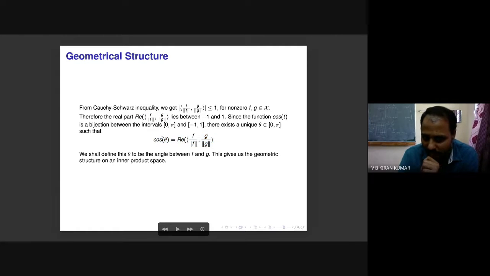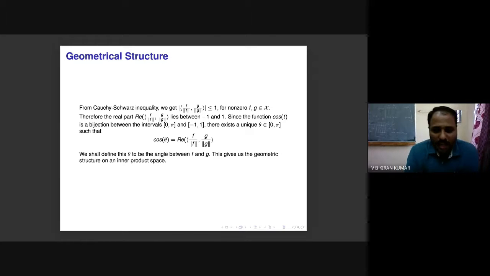In other words, theta equals the cosine inverse of whatever you have. So using the inner product, you can introduce the angle theta between any non-zero vectors f and g. This gives us the geometric structure on an inner product space. This is how we introduce geometry by generalizing the algebra.